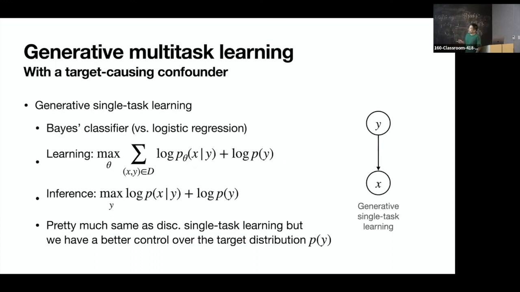So in this generative single task learning, we start with the category y, or the output y, and then given the category, we define the conditional distribution over the observation. So all we did was flip the direction of the arrow. This is what we often refer to as a Bayes classifier, as opposed to logistic regression.